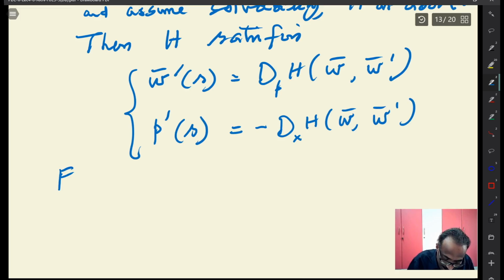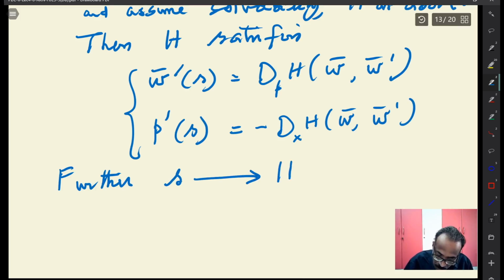Further, S going to the Hamiltonian, H going to H of W bar of S and P of S, is constant.